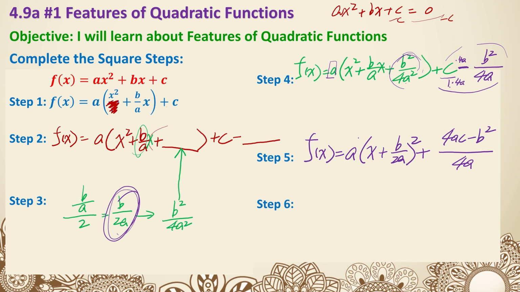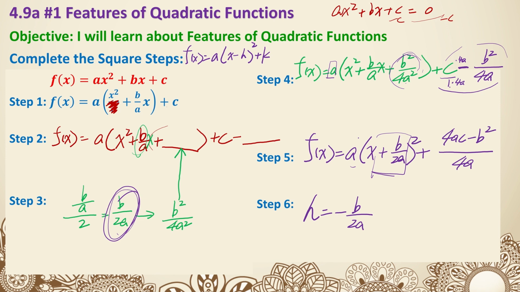Well, now the whole thing looks a bit more like our quadratic formula. But let me remind you of the form we're trying to get to. Vertex form is a times (x minus h) squared plus k. So a is already there. That means this middle part is going to be our negative h. If negative h is b over 2a, that means our h has to be negative b over 2a. That's one thing you always have to be careful about, because the vertex form is x minus h.